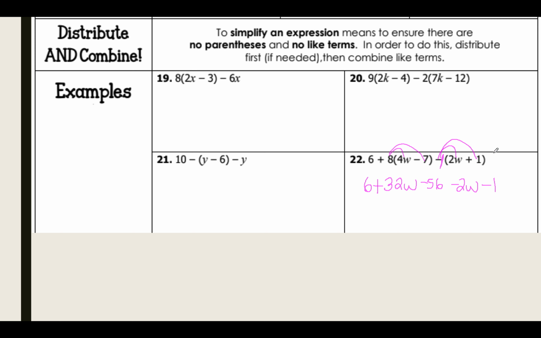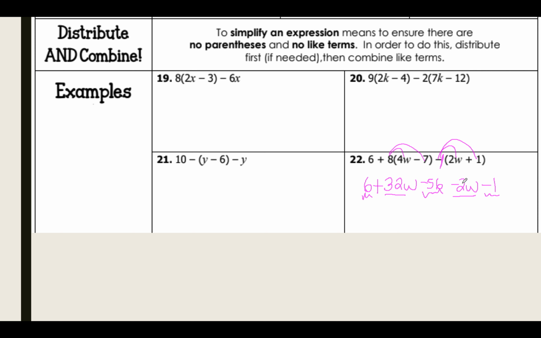Okay, when we distribute, that gets rid of our parentheses, and now we can move on to combining like terms, which would be our 32w and negative 2w, our 6 and negative 56, and negative 1, since those are just regular numbers.